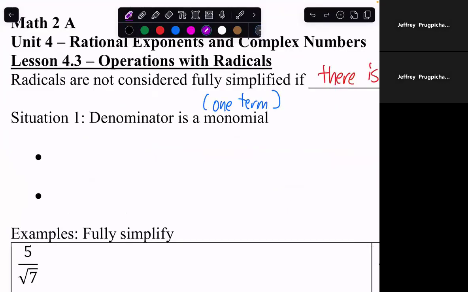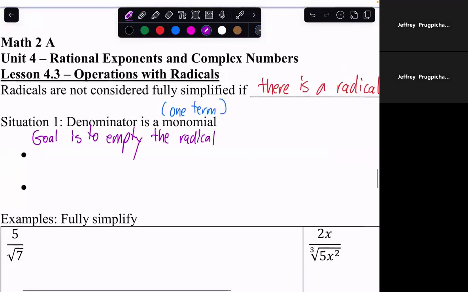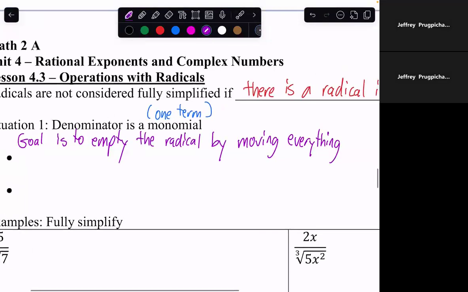Okay, so I think it helps to sort of understand the goal before we talk about what to do. Okay, so the goal is to empty the radical. Okay, so we know that when you simplify a radical, if everything moves in front, then the radical is emptied and it disappears.